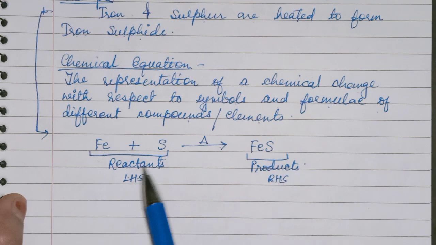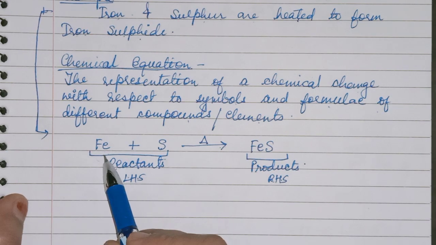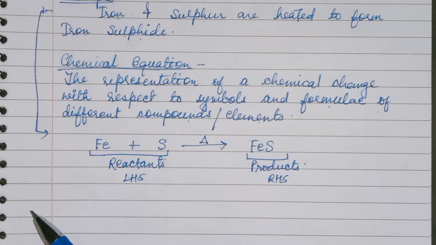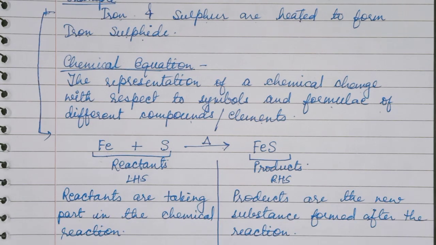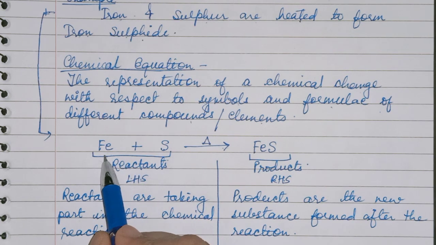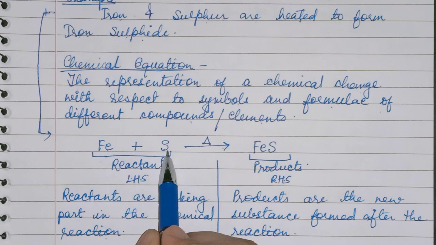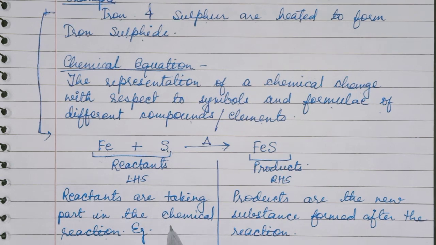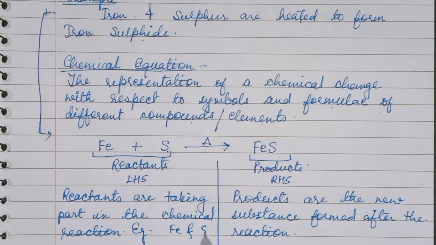So the reactants are the substances which are taking part in the chemical reaction. Here, on the left hand side, these two are taking part in the reaction, so these two are reactants. You can write examples: iron and sulfur. Here what are products?